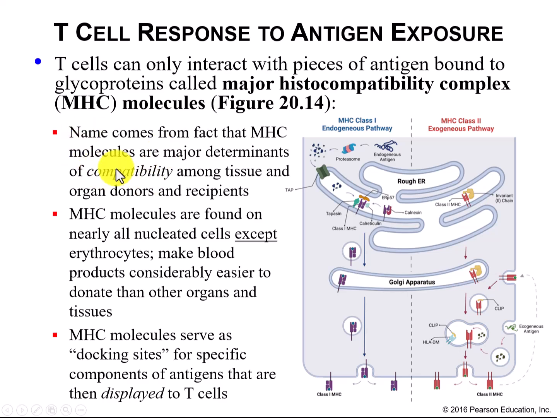The MHC name came from the fact that it is a major determinant of the compatibility among tissue and organ donors and recipients, as to whether things can be transferred between individuals.